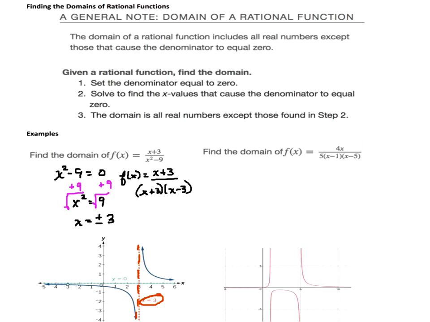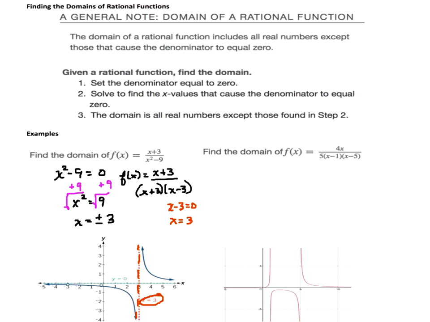Okay, so down underneath this problem here is a graph. I want you to take note. I have a vertical asymptote at x equals 3. In other words, if I use the zero product property here, in my denominator, at x equals 3, I have a vertical asymptote.